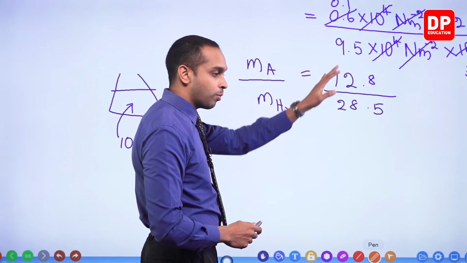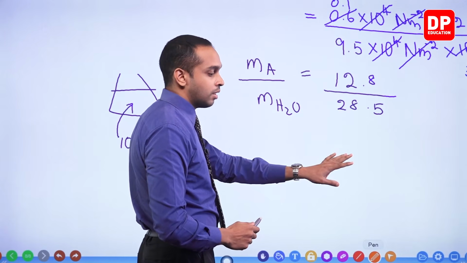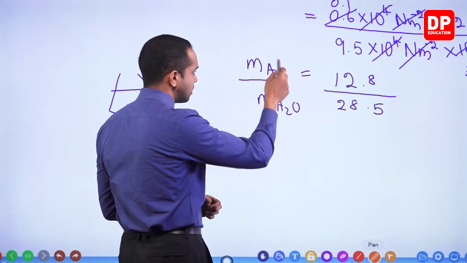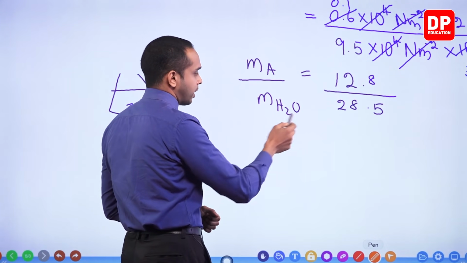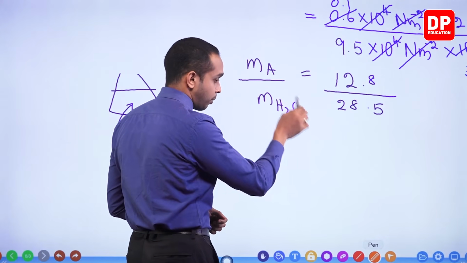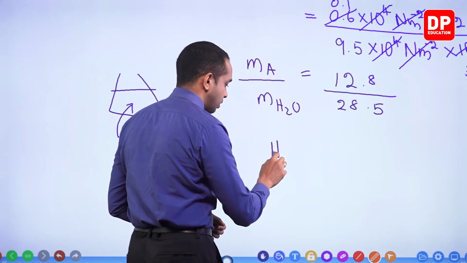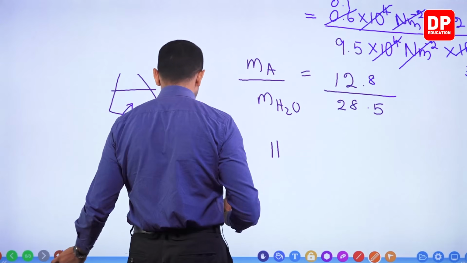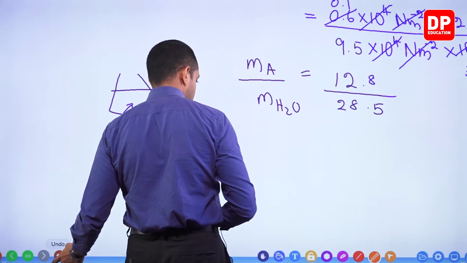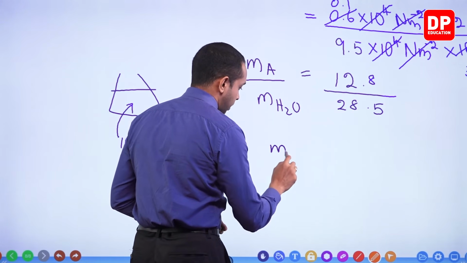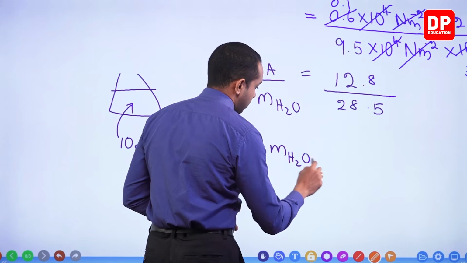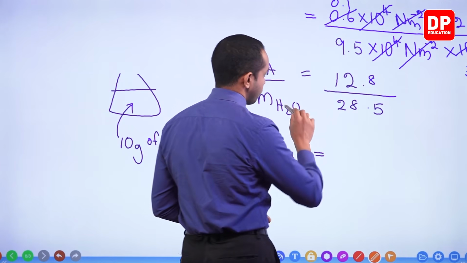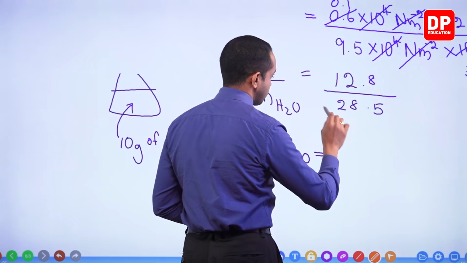We can keep it as it is and proceed to finalizing the answer. So since this is 10, we can find out M. First let's isolate MH2O and rearrange this equation. So we can write MH2O is equal to, so we take M over here, H2O over here.